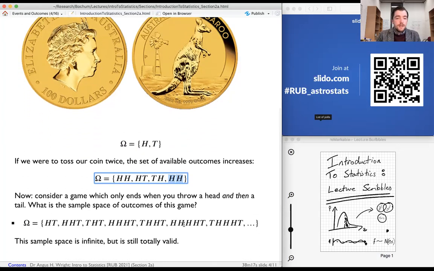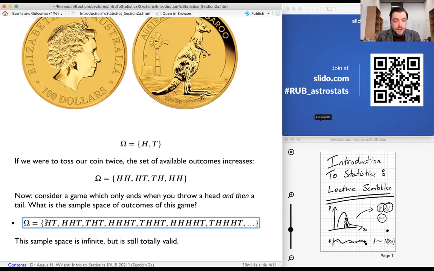And that is because the ordering that we can have is head, tail, and the game ends. Head, head, tail, and the game ends. Tail, head, tail, and the game ends, right? So the game ends whenever you see head, tail in order. But you can have conceptually an infinite number of heads or equally tails before you get to your head-tail termination. And so this sample space is infinite in size, but that doesn't stop it from being valid.